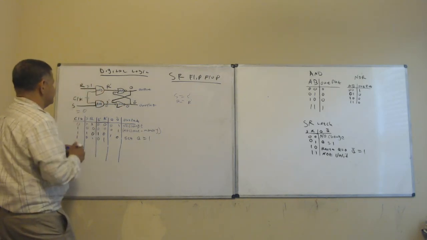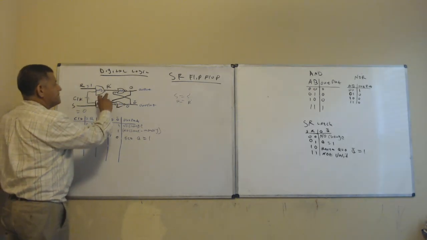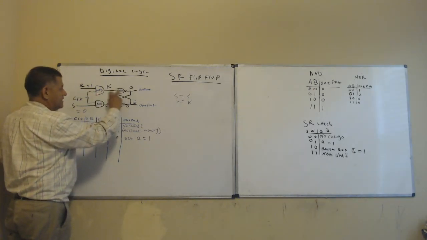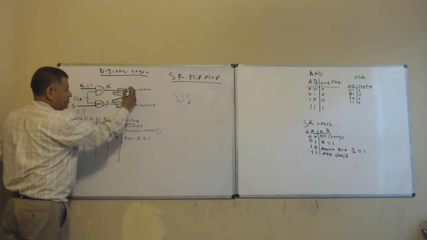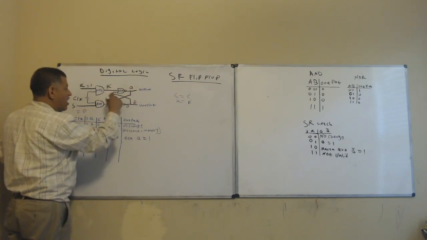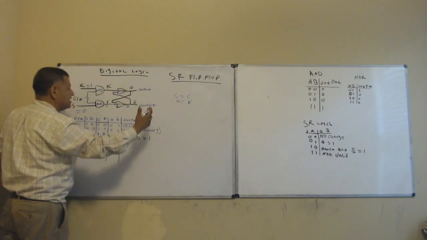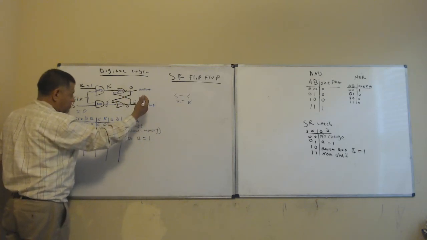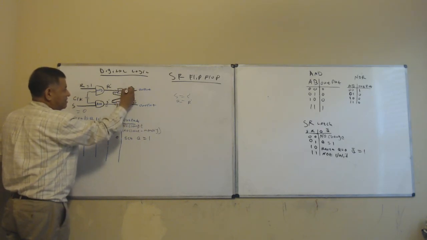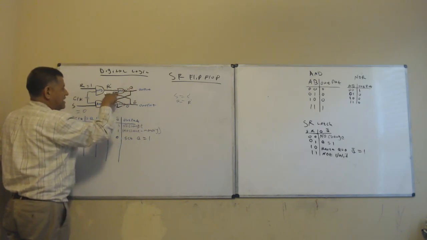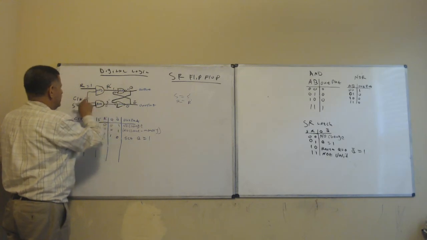We have a 1 coming in, but that one gets inverted back to 0. Why? Because it's not 1, another 1, it's 0 coming out of here, right? This is a 1 coming in, after being fed, right?